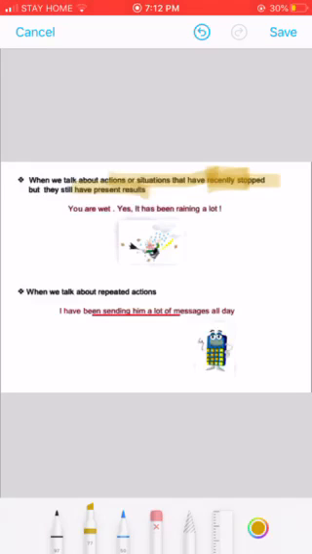For example, it has been raining a lot. المطر توقف, but we can still see the result. بنشوف النتيجة. For example, there is water on the ground, on the street. في عنا مطر أو ماء على الأرض.